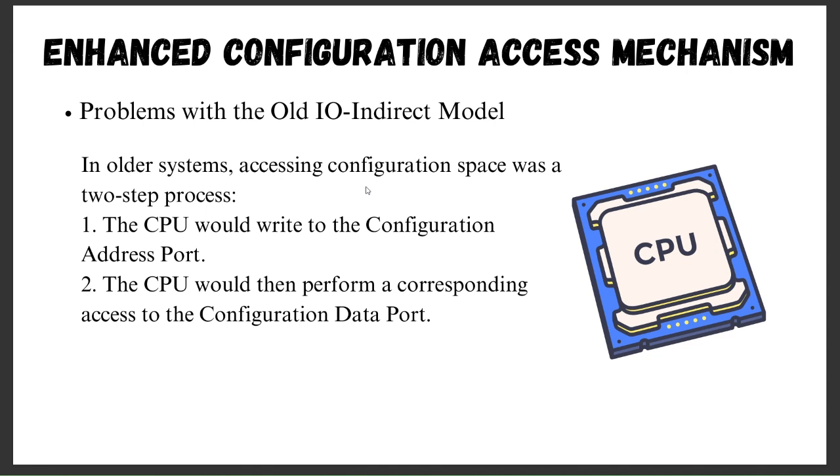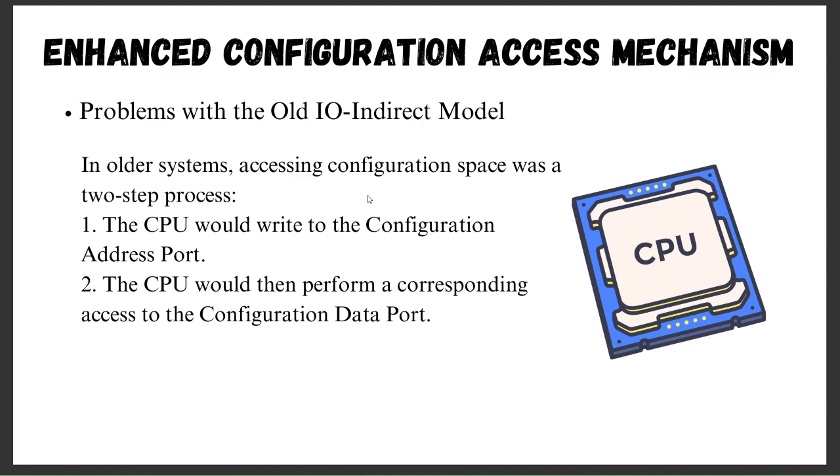Next, the CPU would perform a corresponding access to the configuration data port. This was fine when there was only one CPU running a single thread. But in modern systems with multiple cores and threads, different threads might try to access configuration space simultaneously, which could cause conflicts. For example, thread A might want to write to the configuration address port, but before it can complete the operation, thread B could overwrite the address with a new one.